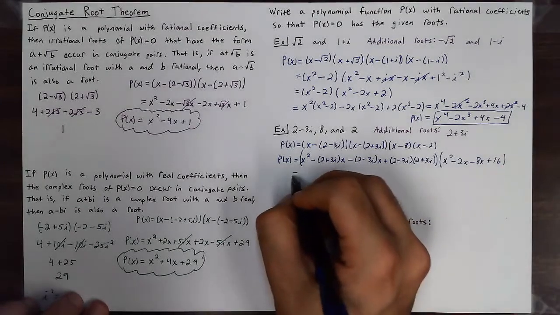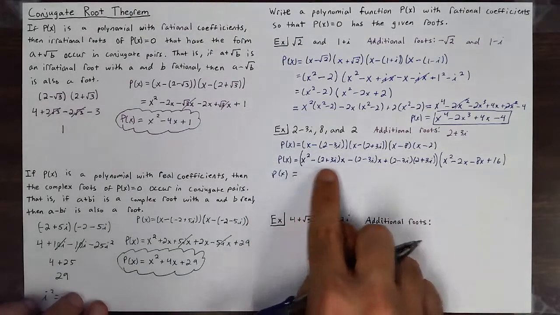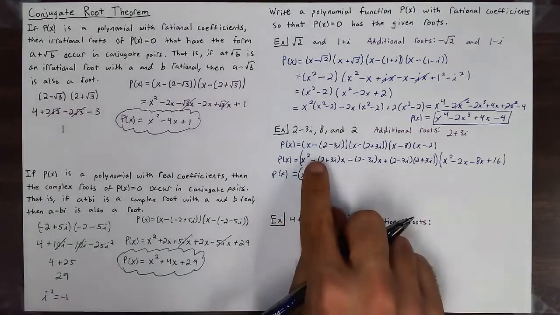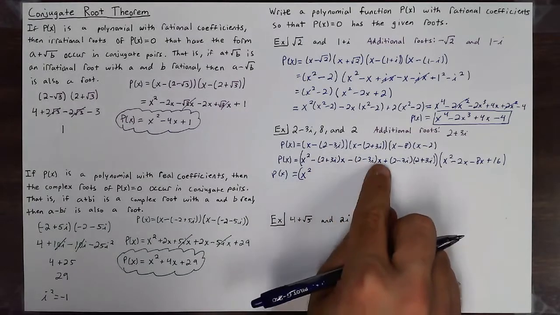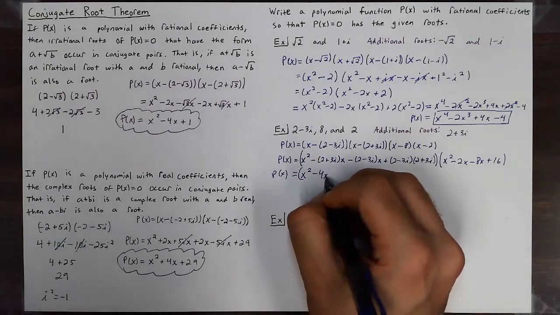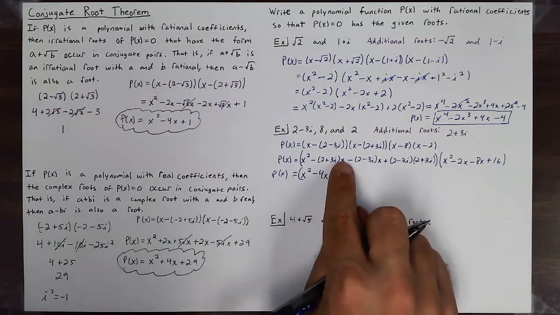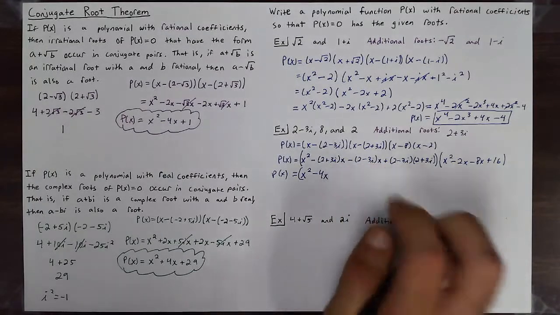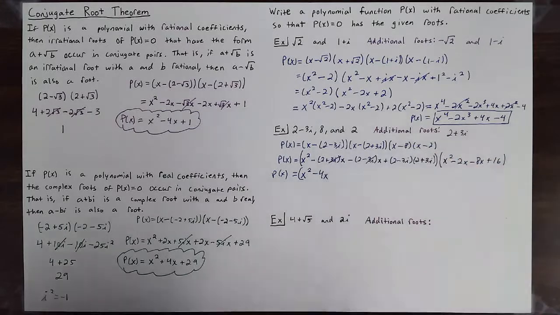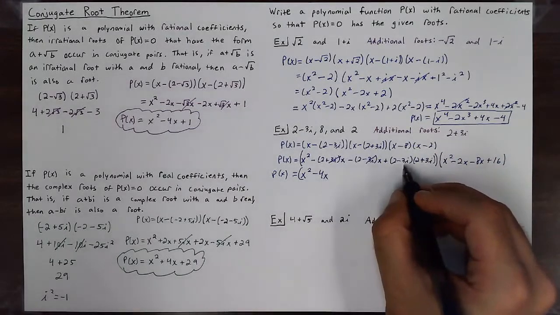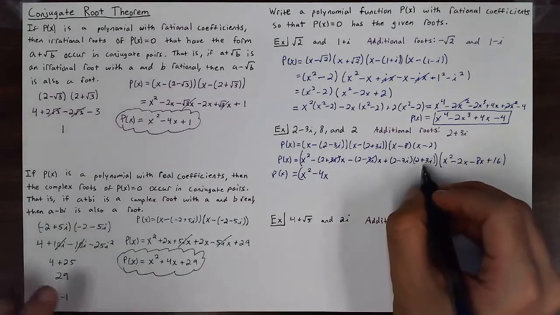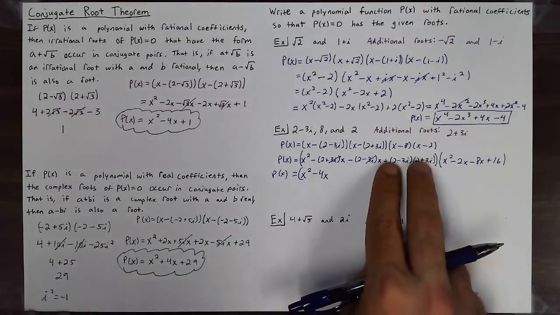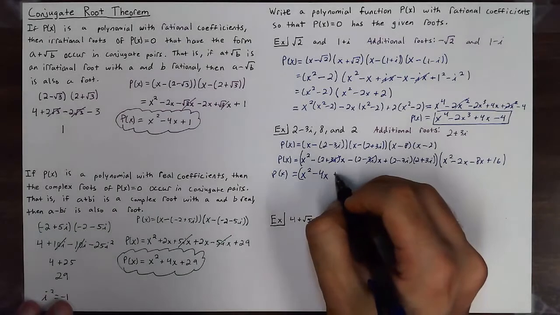Now I'm going to simplify all of this mess I just wrote down here. So I have x squared to start. Then I have negative 2x minus 2x, which is minus 4x. Then negative 3ix, then minus negative 3ix, so it's plus 3ix, so those would cancel again. And then I have 2 minus 3i times 2 plus 3i, which those middle terms will cancel, just like you saw over here. But we'll have 2 times 2, which is 4.